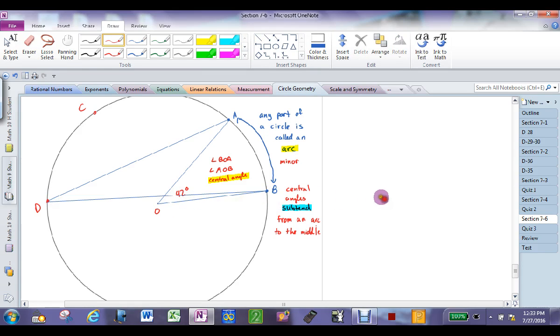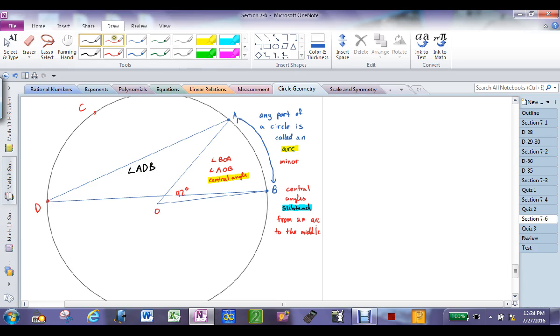Does everybody have the second line drawn? Okay, what angle did you just make? ADB, yes? ADB.